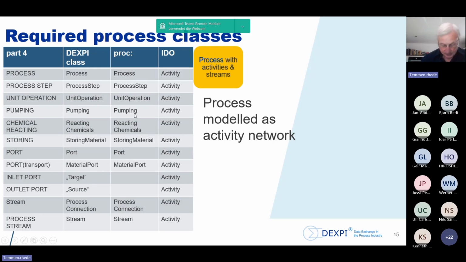And we had some additional object properties to support the connectivity between the unit operations and streams.